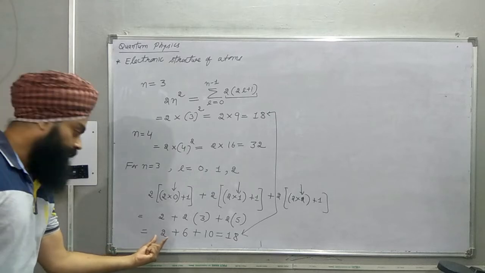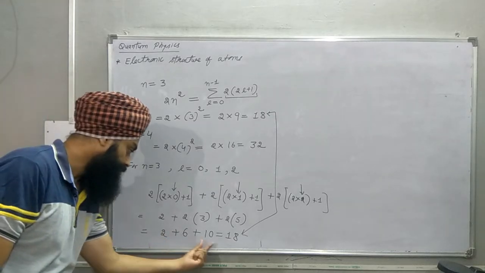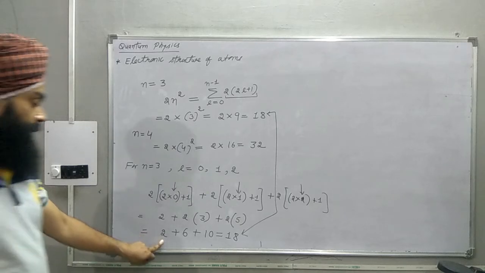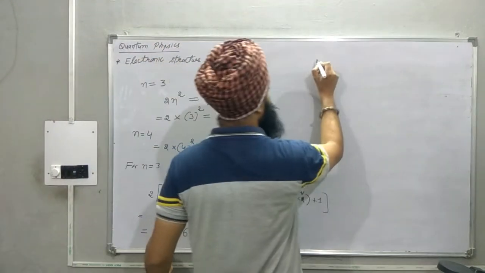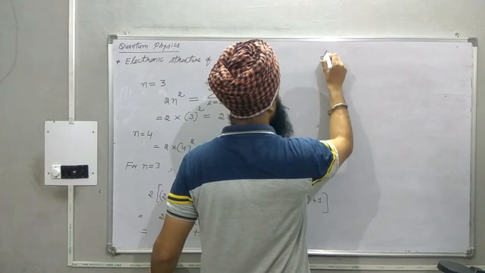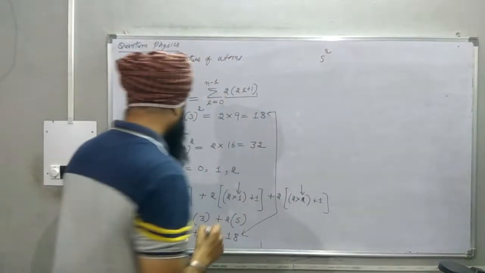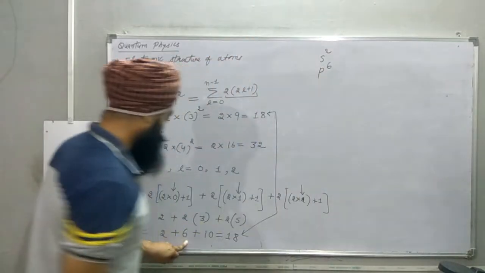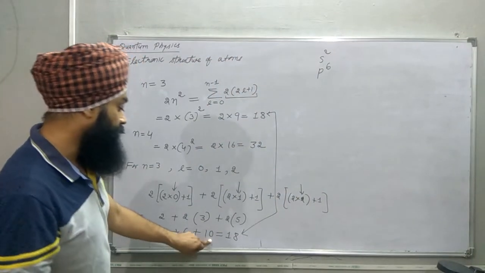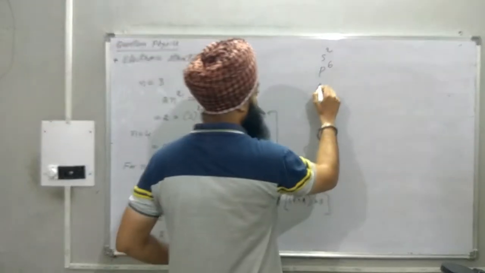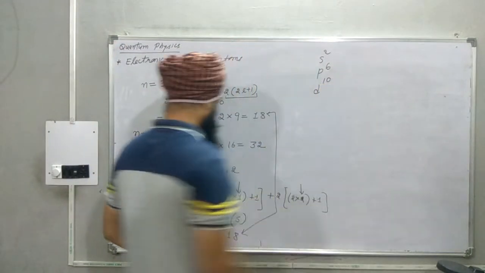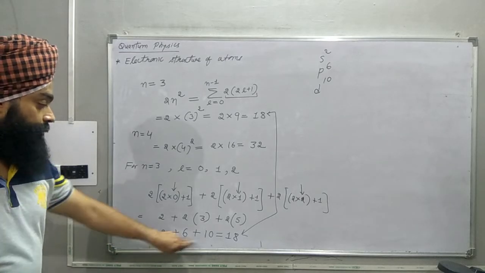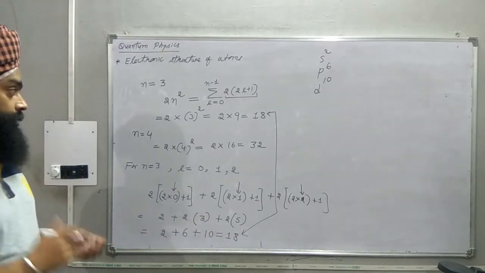So what is the meaning of this 2, 6, 10? If you see it clearly, 2 represents the s orbital, which contains 2 electrons. This represents the p orbital, which contains 6 electrons. This represents the d orbital, which contains 10 electrons. So we have 2 plus 6 plus 10 is equal to 18.